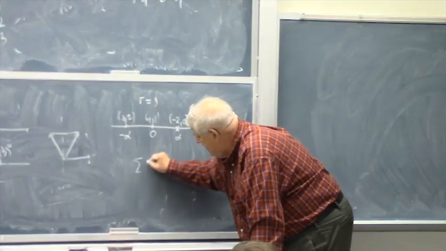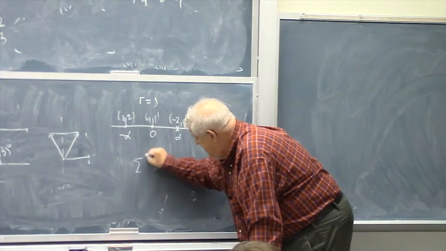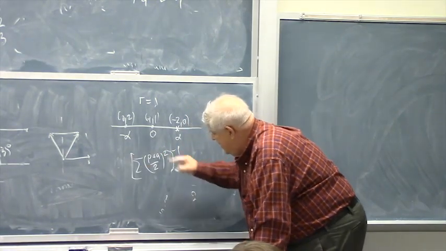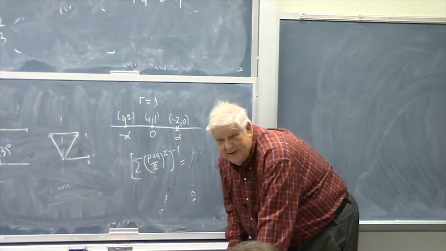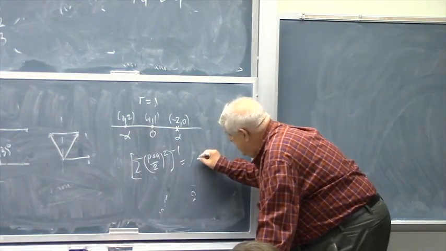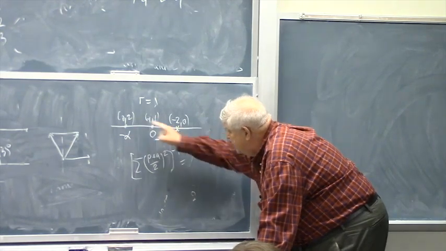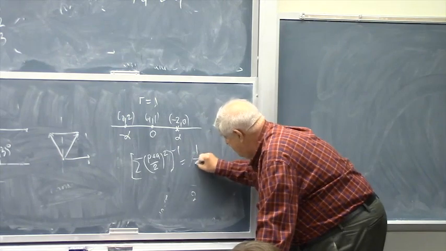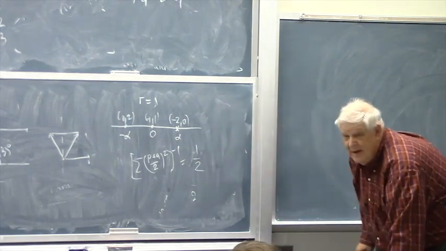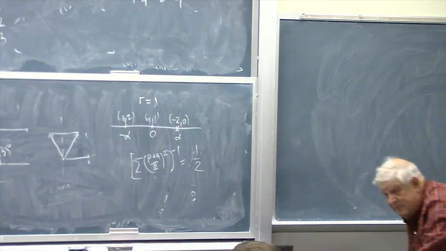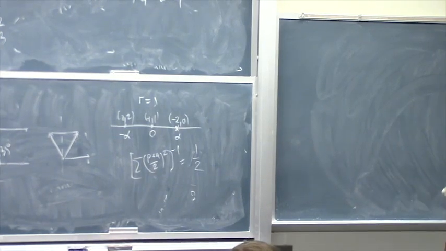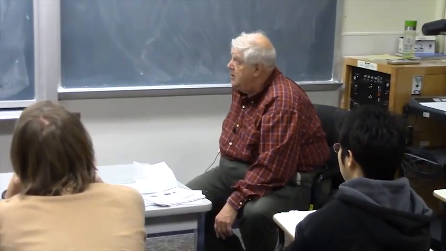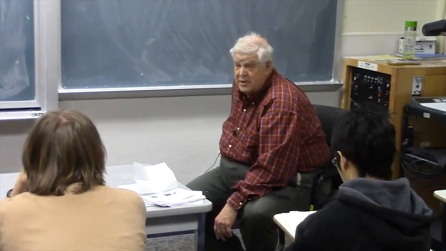The sum over these three pairs of p and q: in these two cases this is 1, in this case it is 0. So 1 plus 1, which is 2. When you take the inverse, it is 1/2. So actually the inner square of alpha is 1/2 in this case.